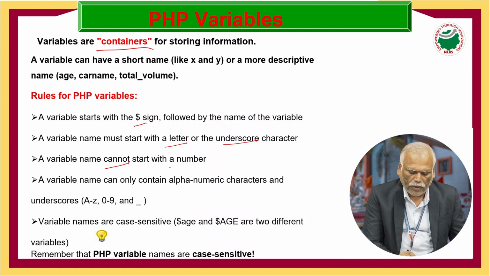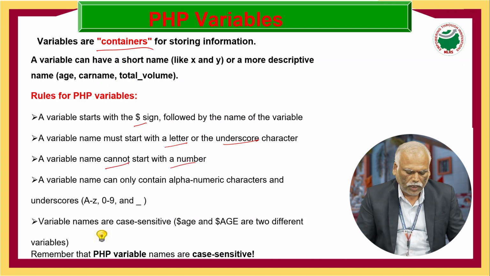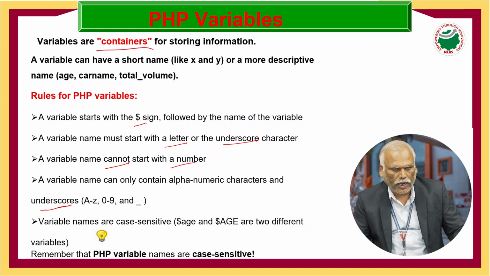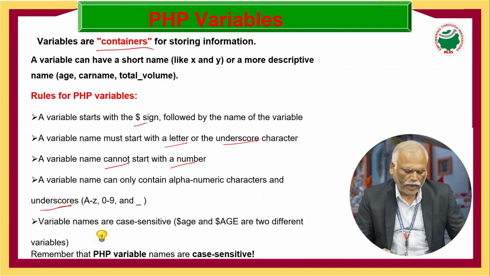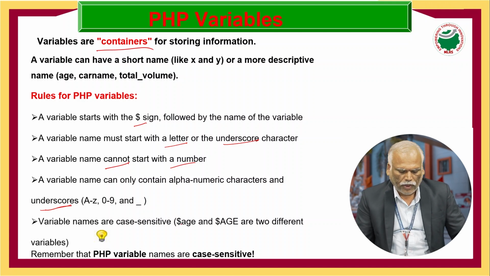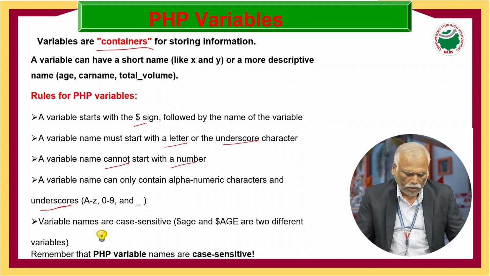Remember this: a variable name cannot be started with a number. A variable name can only contain alphanumeric characters and underscores. Variable names are case sensitive, whereas predefined values are non-case sensitive. The PHP variable names are case sensitive.